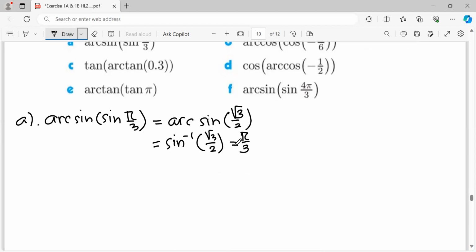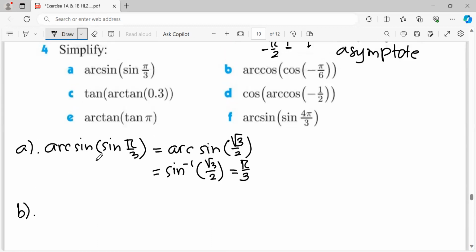B, arc cosine of cosine minus pi 6. It means arc cosine.